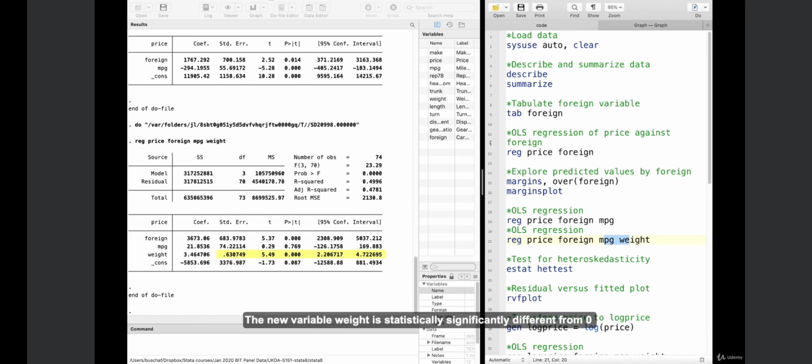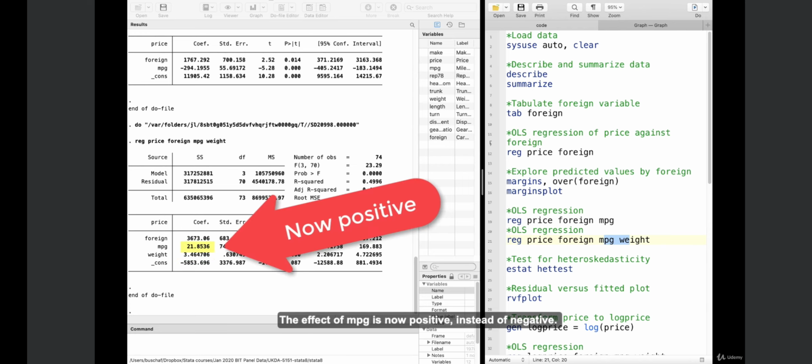The new variable weight is statistically significantly different from 0 due to its small standard error, high t-statistic, and small p-value. The effect is positive. In other words, each additional pound of weight on a car increases the price by $3.46. The effect of miles per gallon is now positive instead of negative.